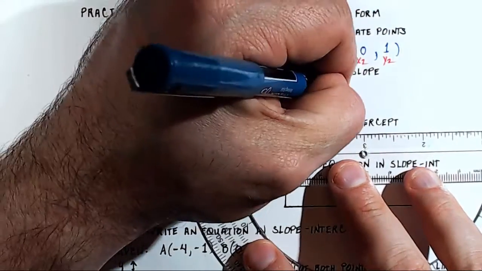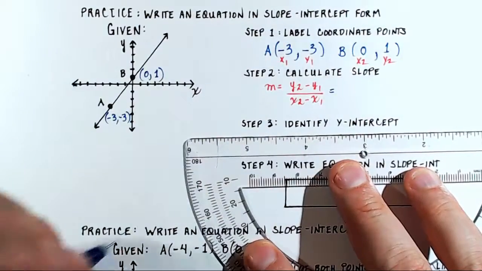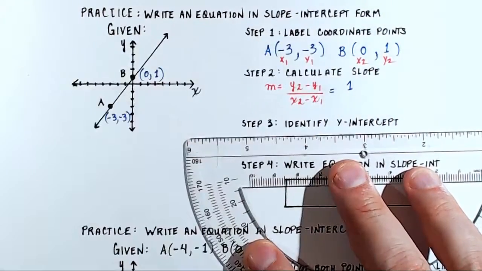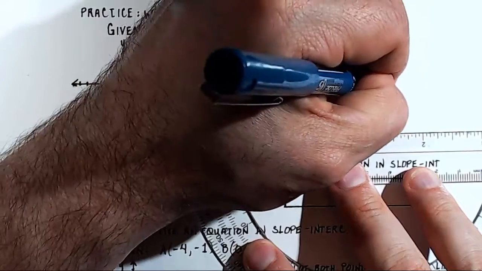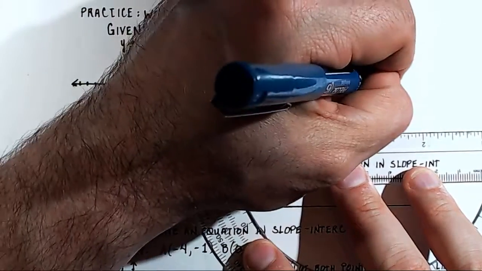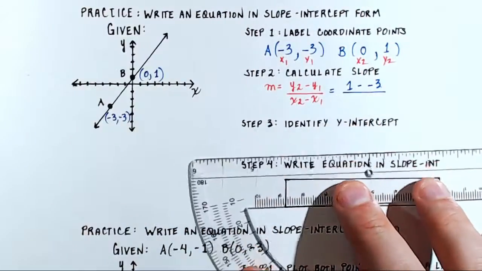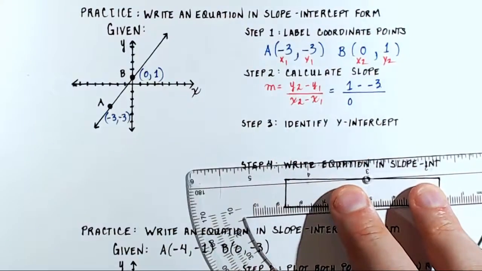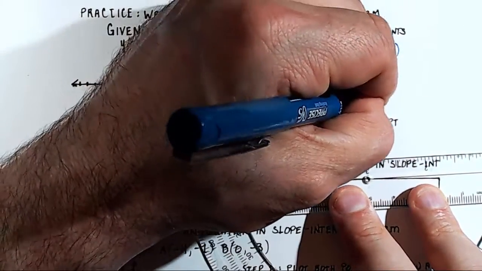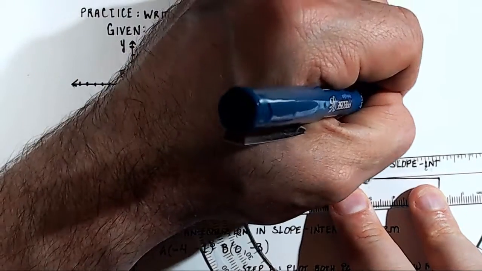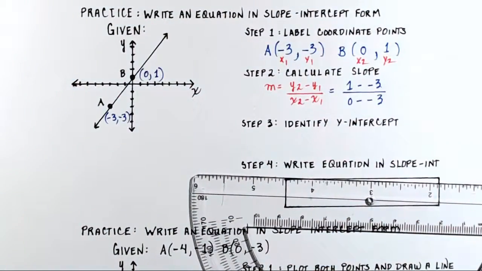All right, so let's plug in our points now that we know them. y2 is 1 minus -3, over 0 minus -3. Now, even though there's a 0 there, anytime we see a double negative, we turn it positive.